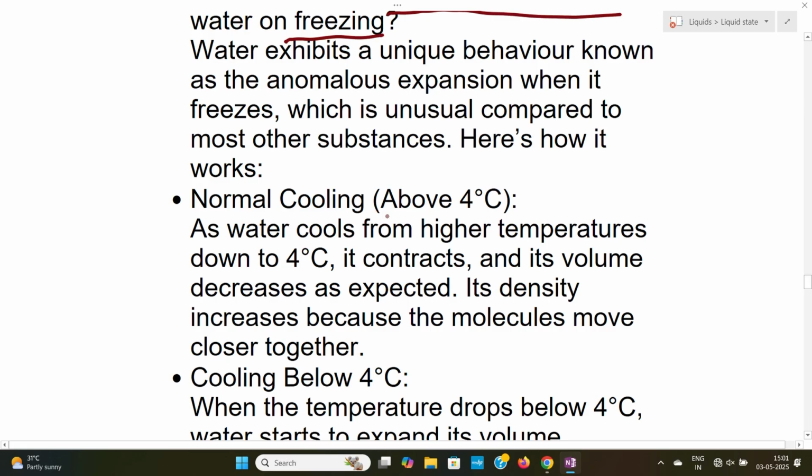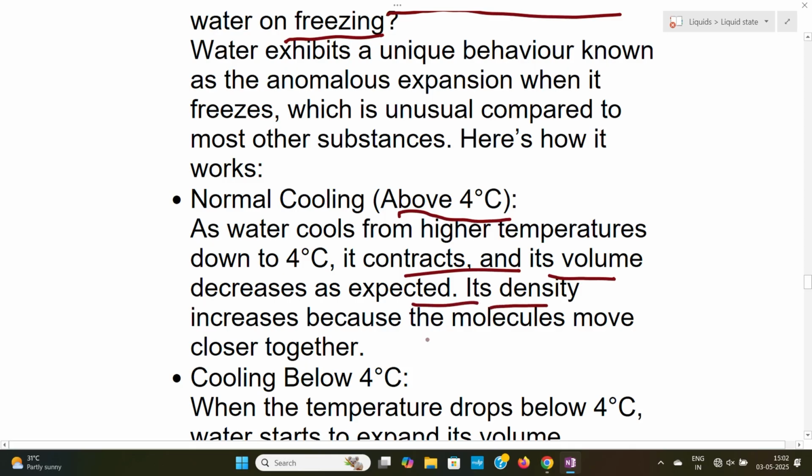In normal cooling, that is above 4 degrees Celsius, as water cools from higher temperatures down to 4 degrees Celsius, it contracts and its volume decreases as expected.